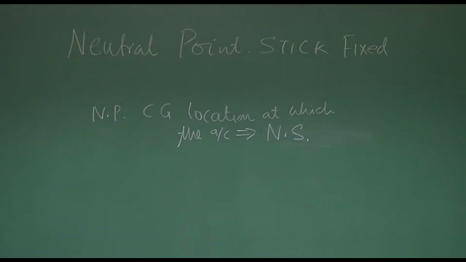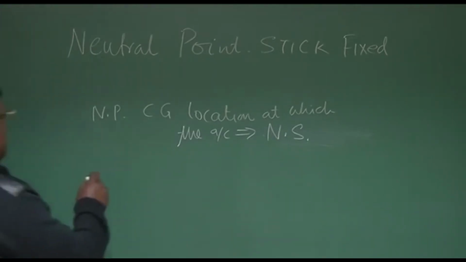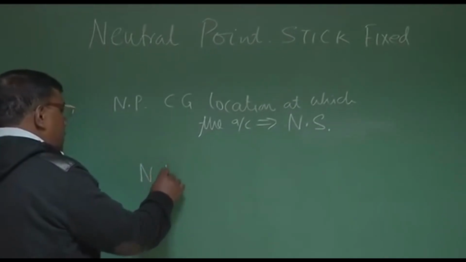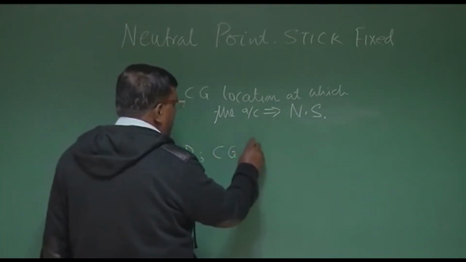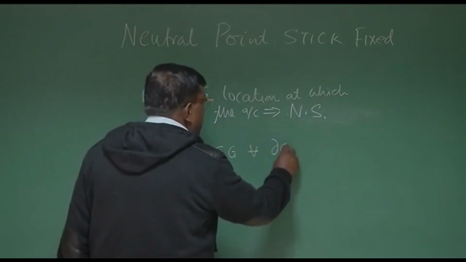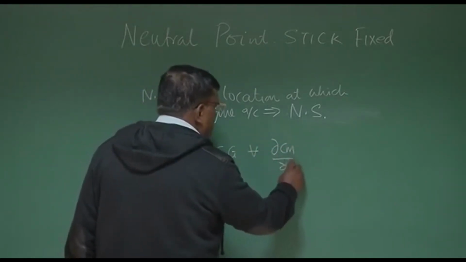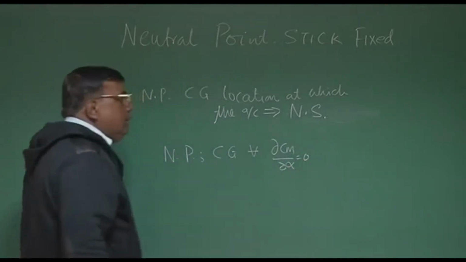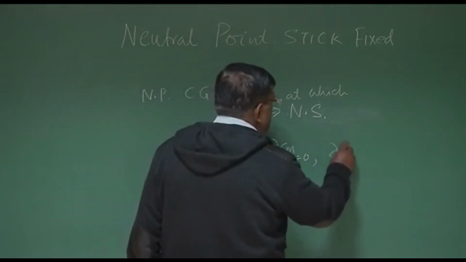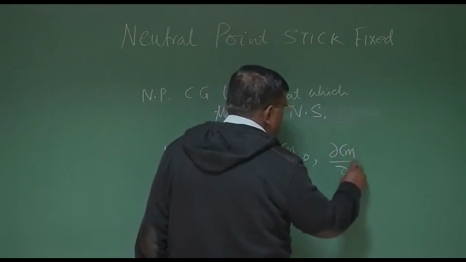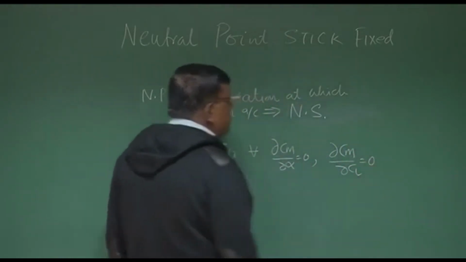And if I try to translate this into a mathematical definition, we say neutral point is that CG location for which dCm by d alpha equal to 0, that is neutrally stable, or equivalently I can say dCm by dCl equal to 0.